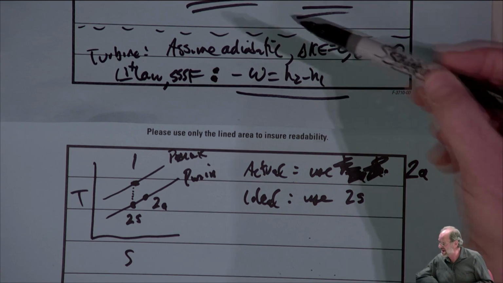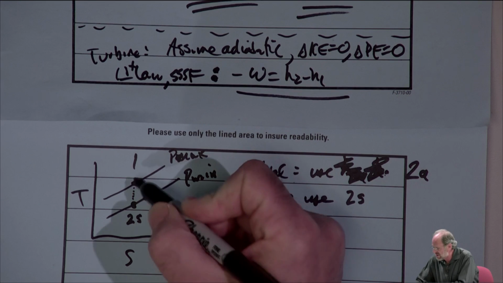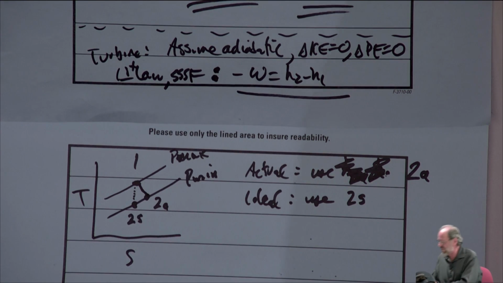And then we're going to apply the isentropic efficiency equation that was presented above to get the actual enthalpy change, the actual point 2a. So 1 to 2s is a process that never really occurs, but we use it for analytical purposes, so I'm going to show it as a dashed line. The actual process goes from point 1 to point 2a, and as such, I'm going to show that as a solid line.